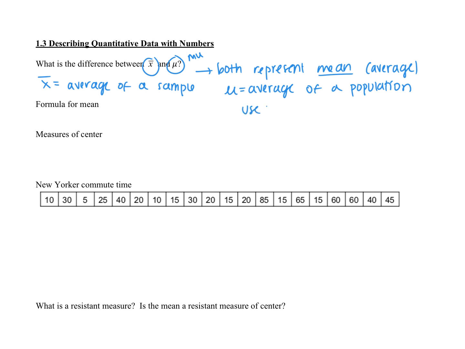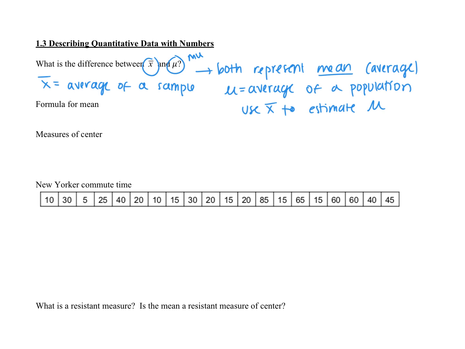So we use X bar to estimate mu. So often we want to know something about a population. Like I might be interested in the population of Prospect High School students. And I might want to know what is the average amount of time that students spend on homework.